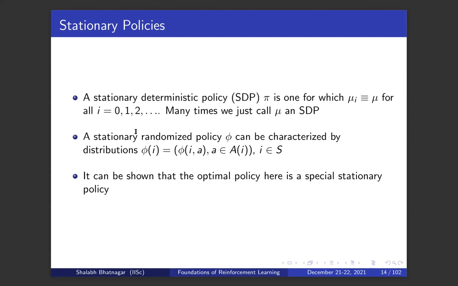And likewise, one can also describe what we call a stationary randomized policy. Instead of saying that I'll specify one particular action for a given state, I can specify a distribution over actions.